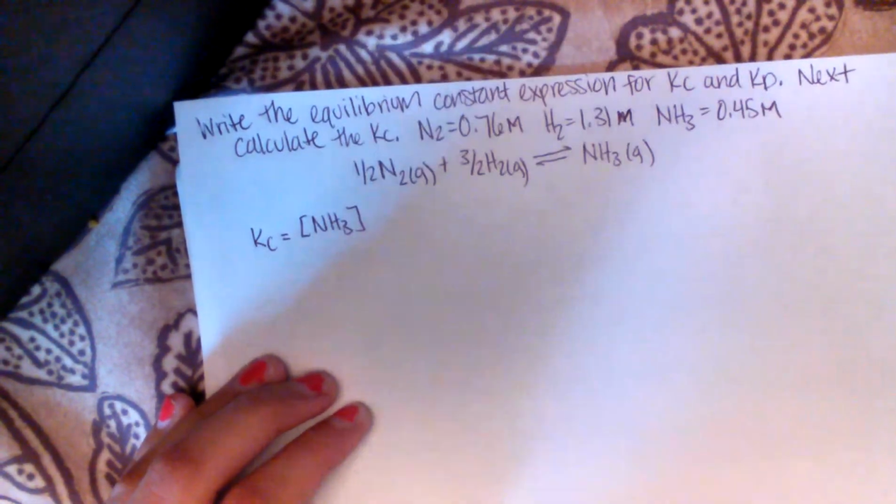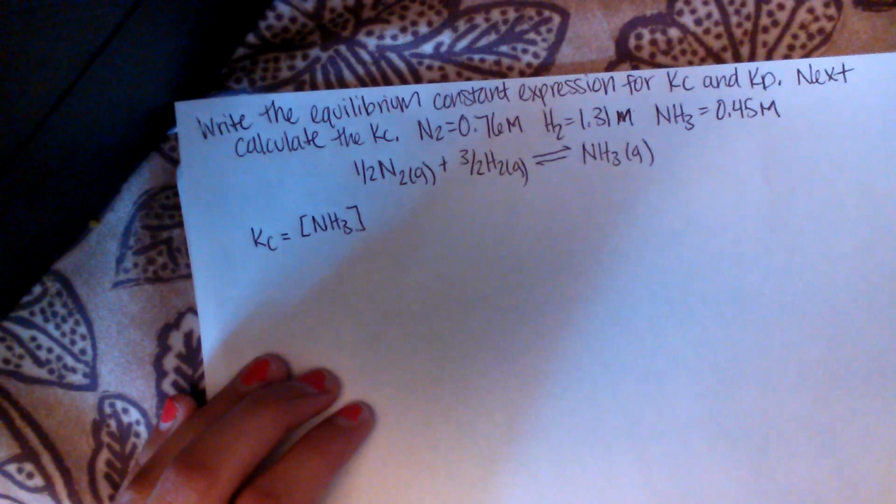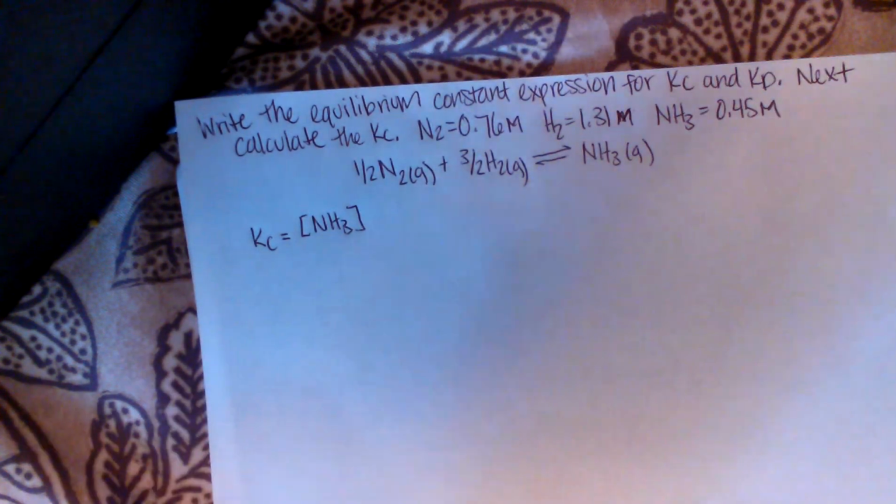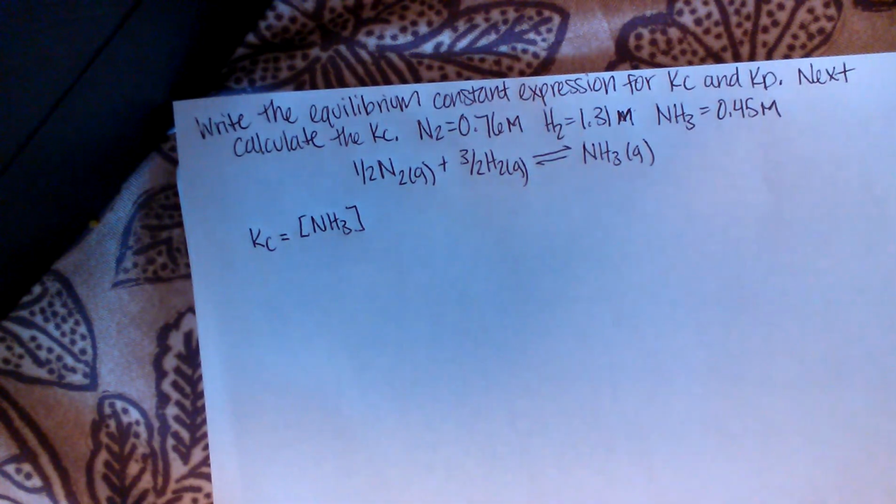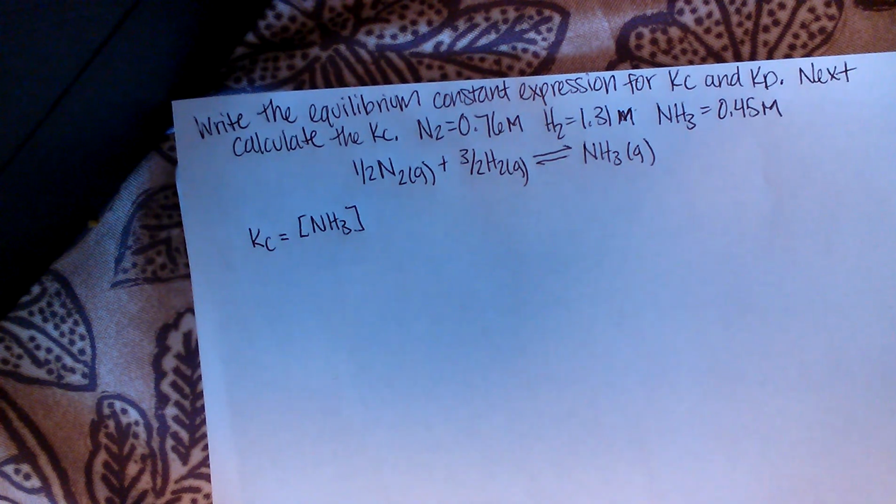NH3. One more note, when you're doing any sort of equilibrium constant, you really just have to deal with gases and aqueous solutions. Any liquids or solids would not be included in your Kc expression or your Kp expression.